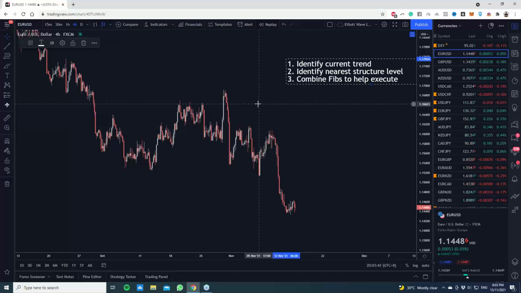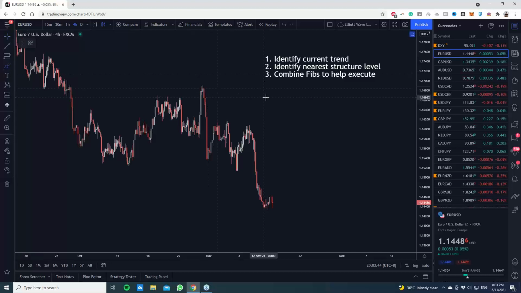When we identify trend, I want you to see that the market is never going to move continuously in a single direction. It's going to be going up, coming down, going up, coming down, and that's what we call waves. If you take a look at this current euro dollar chart, where we are right now is the low point, and before the price reached here, it was at the top.